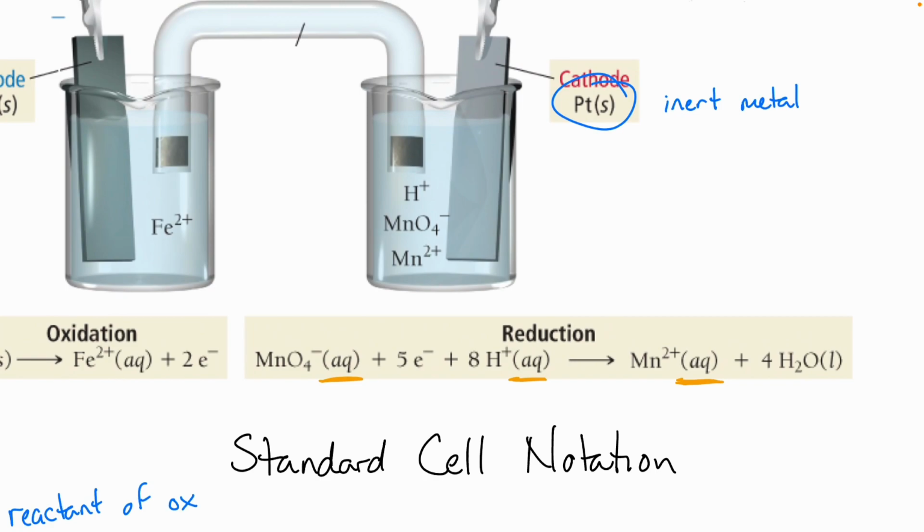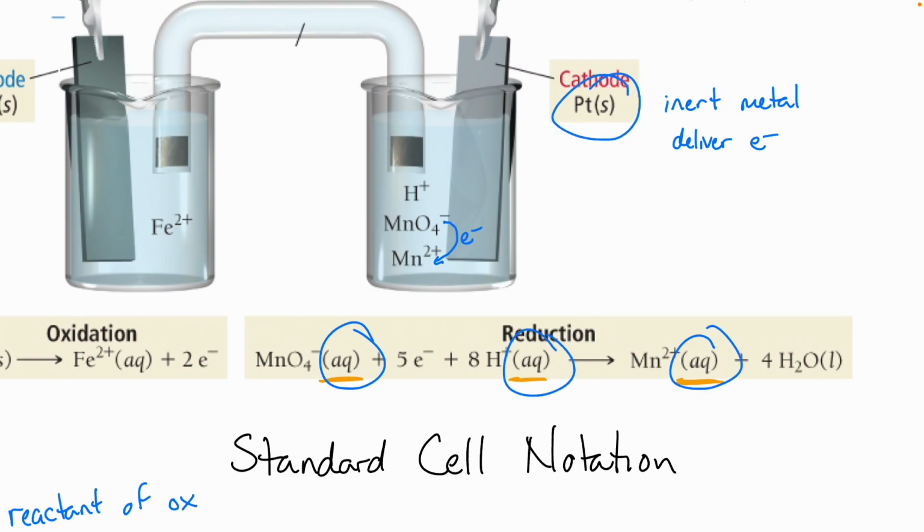So the job of this platinum is to deliver electrons to that permanganate ion, turning it into the manganese 2 ion. We just need some sort of an inert metal to deliver our electrons. If we do run into a case where we have all aqueous, we're going to default to this platinum electrode here.